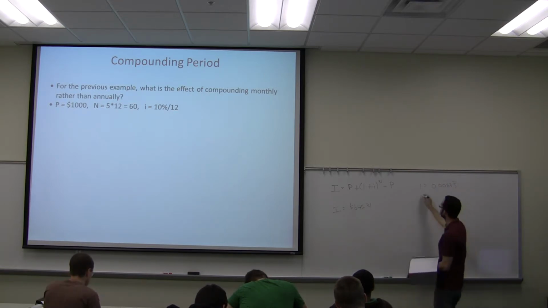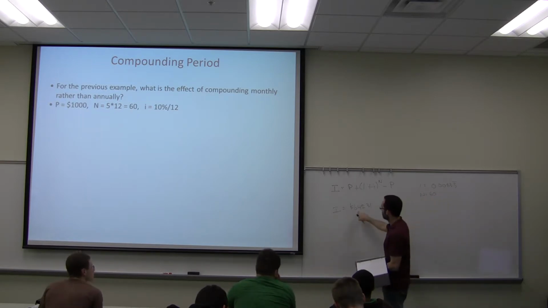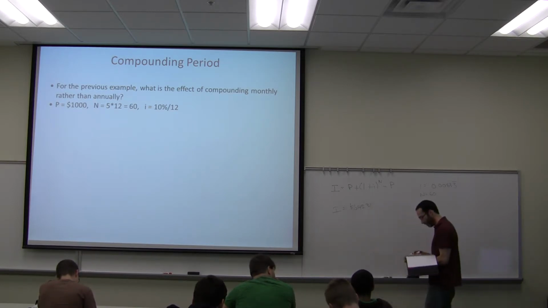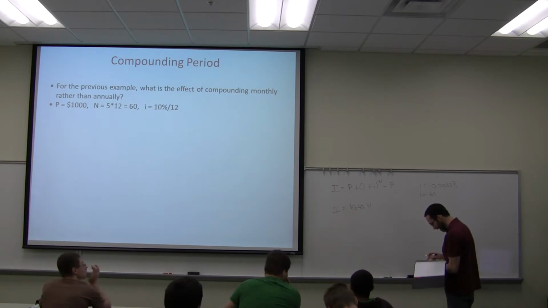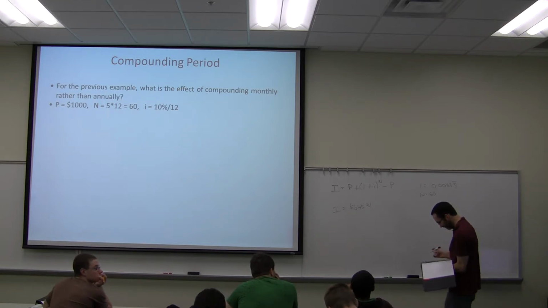Okay, N is 60, right? So the $645.31 in interest. So that's more. In the previous example, when it was compounding annually, it was 610 over the whole period. If it's compounding monthly, 645.